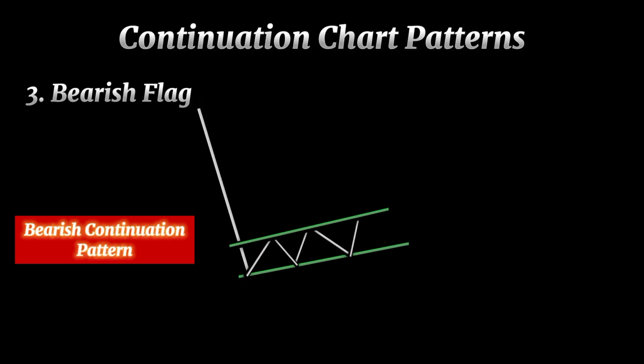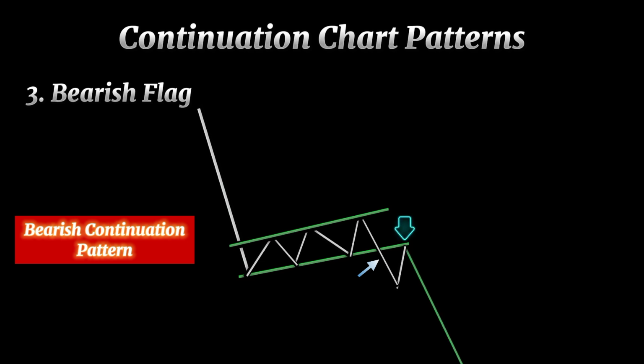The bearish flag pattern is exactly the opposite of the bullish flag pattern. So imagine that you take a rectangle and rotate it in a way that both lines become upsloped. The confirmation for the bearish flag happens when price breaks below the lower upslope line, then retraces back to test it as resistance.